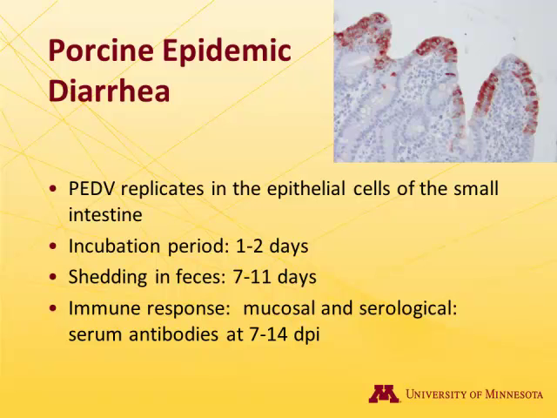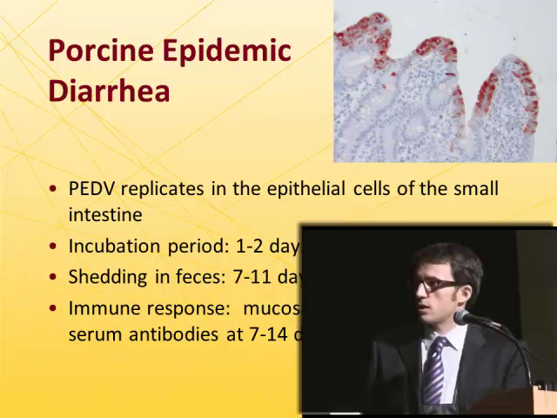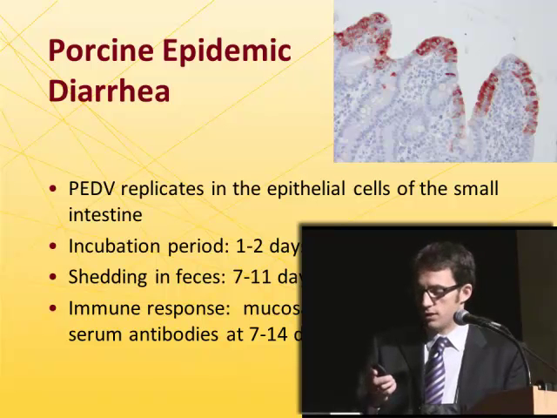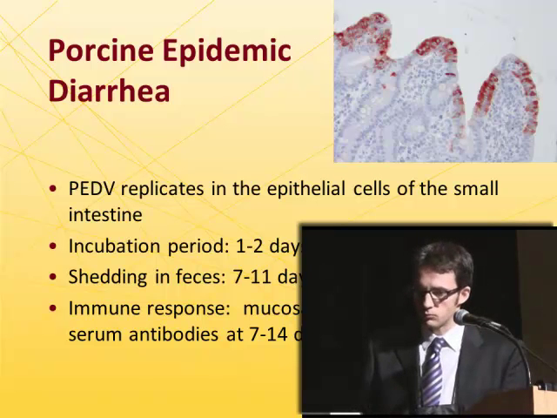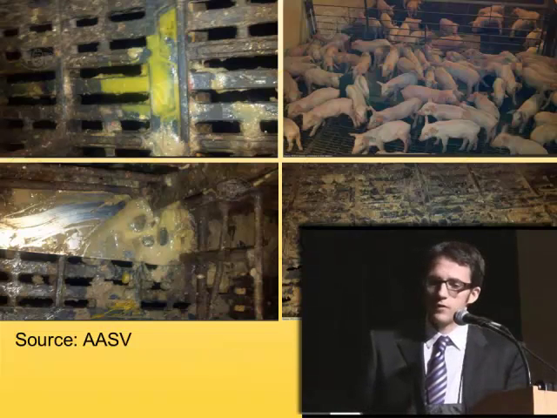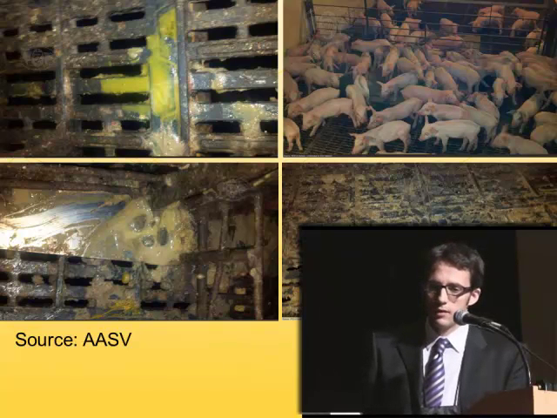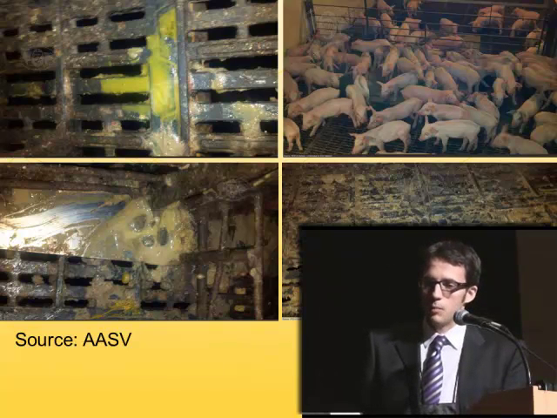It might be a little longer based on the clinical observations that we're seeing now, but this is what we knew when we started working on this disease. We also know that there's an immune response created against the virus, and we get serum antibodies between 7 and 14 days post-infection. These are some pictures from ASV that you probably have seen.